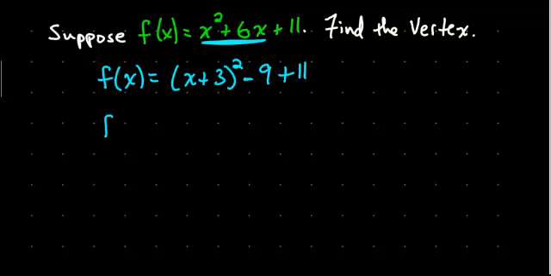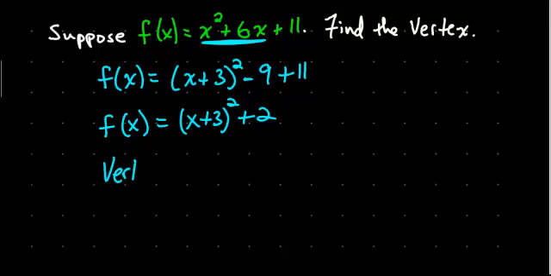So f of x equals x plus 3 squared plus 2. And so my vertex is going to be located at negative 3 and 2. From our transformation of functions is where we get that.